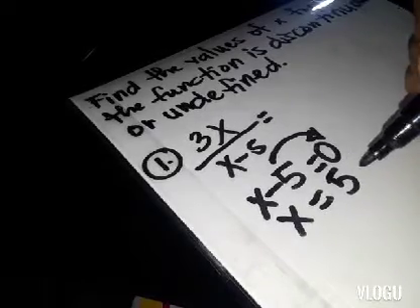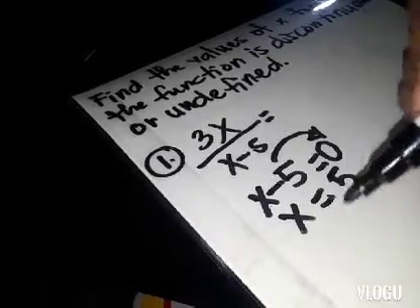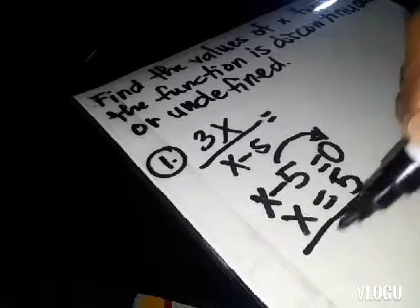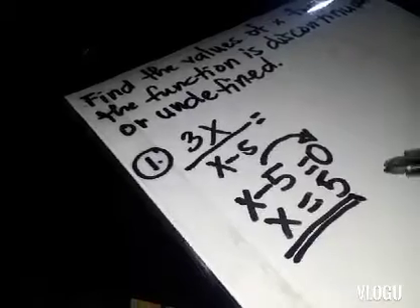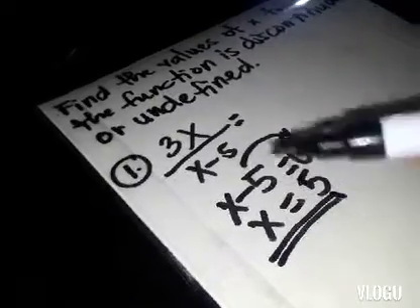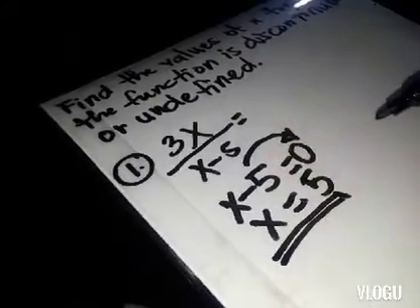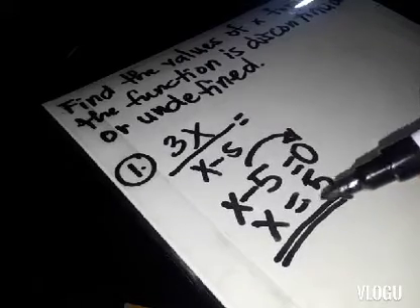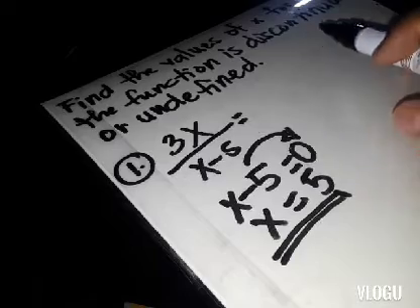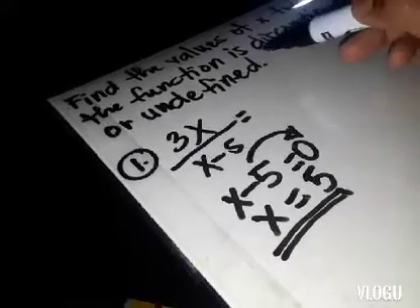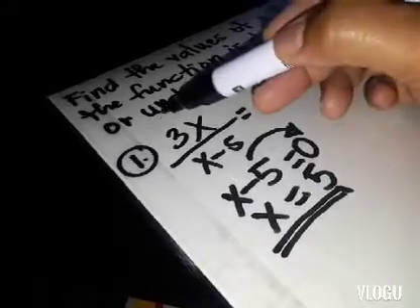So, 5 plus 0 is equal to 5, so no need to write. So, ang ating x ay 5. Ibig sabihin po na sa example number 1, kung x ay equal to 5, magiging discontinuous po siya o kaya ay undefined.